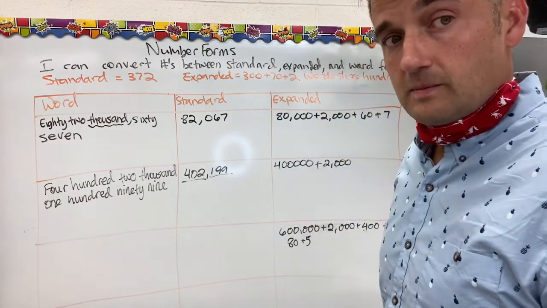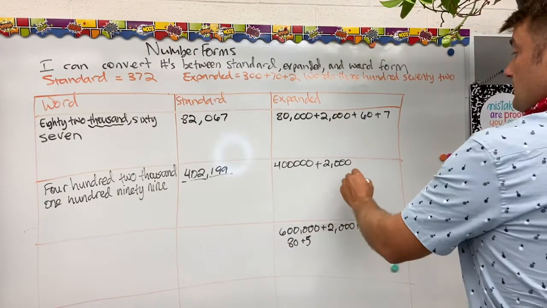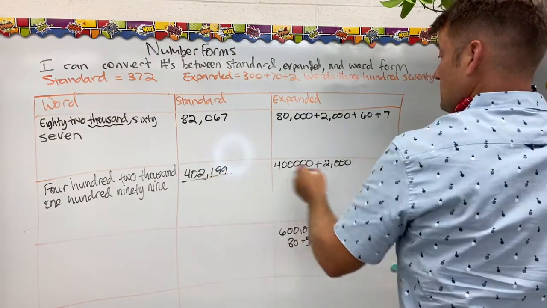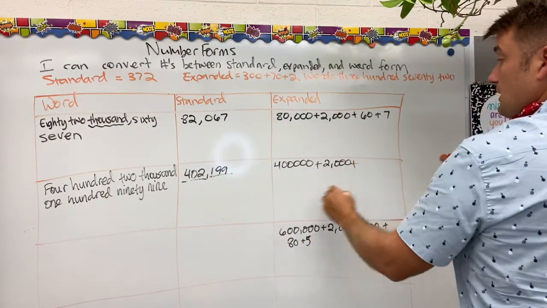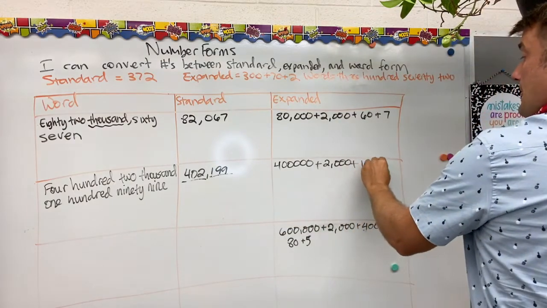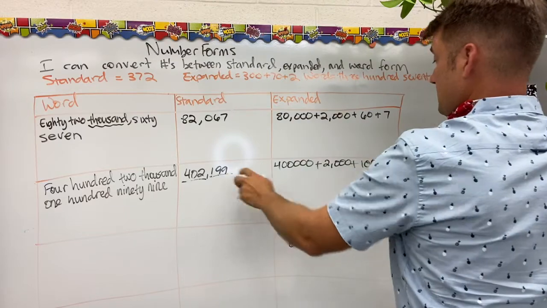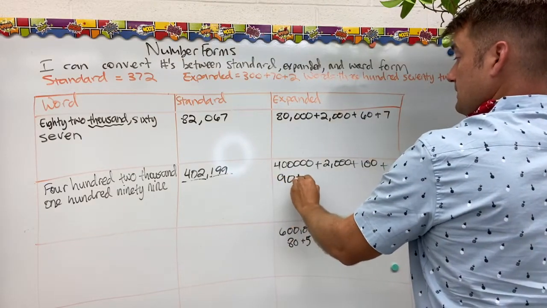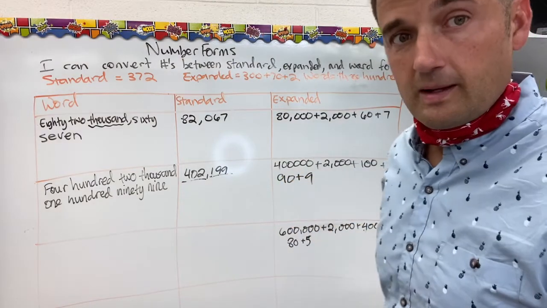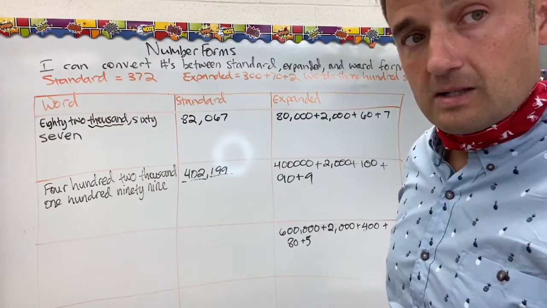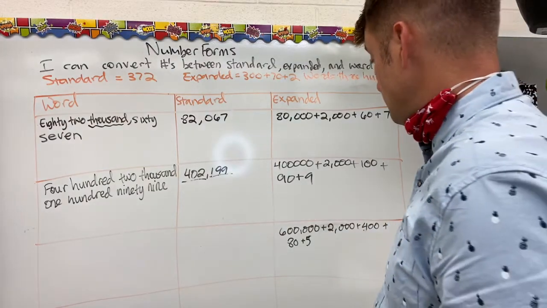And then, see, 3 spots, 3 spots, and then 100, running out of room, plus 99. That's how I would write that in expanded form.